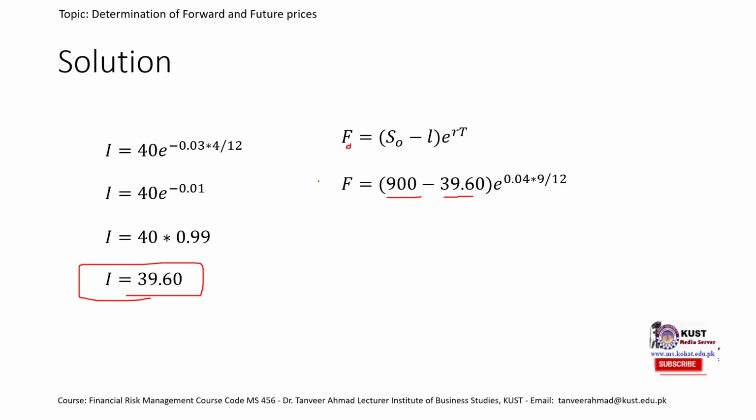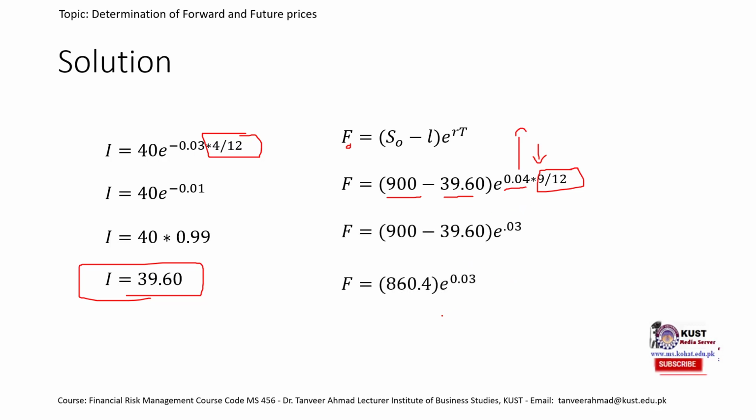So instead of 0.03 interest, we are going to use 0.04, because remember this contract is going to expire in 9 months and the risk-free rate for 9 months was 4%, into 9 months divided by 12. Why are we dividing it by 12? I hope I have explained this. Because this interest rate is per annum, but this contract is going to expire in 9 months. So we are not going to earn the full 4%, rather we are going to earn 9 by 12 of this 4%.